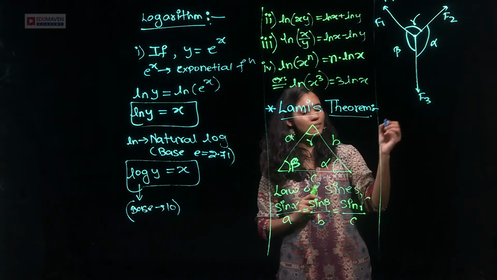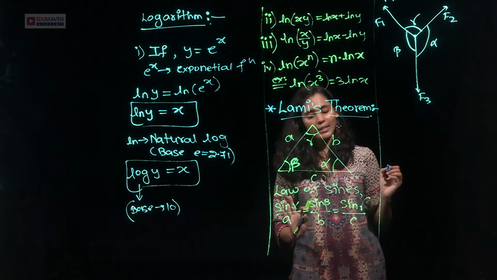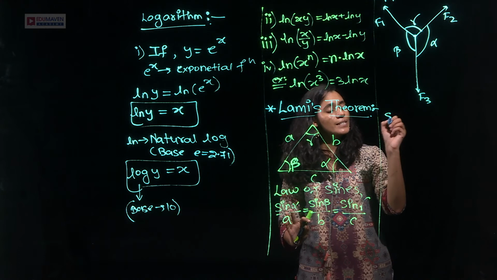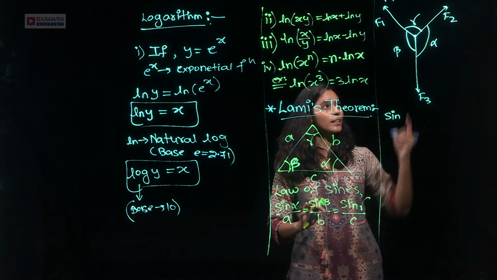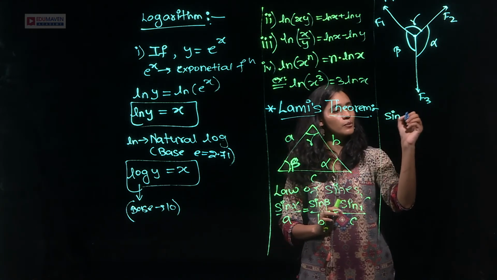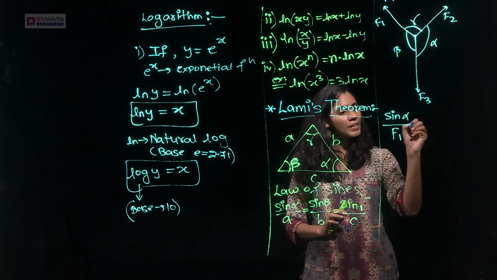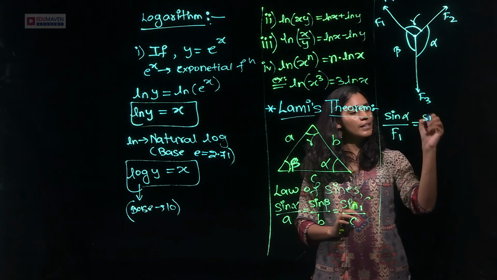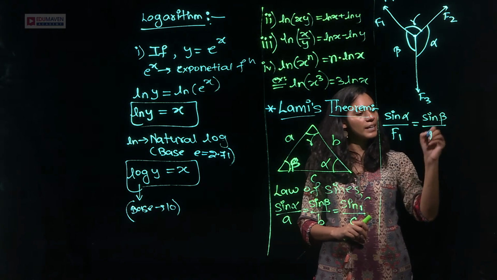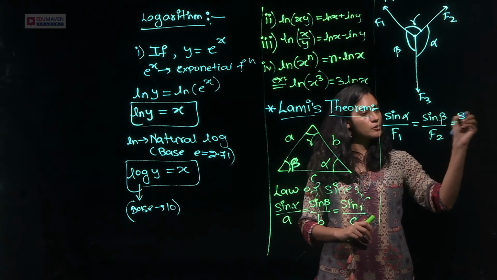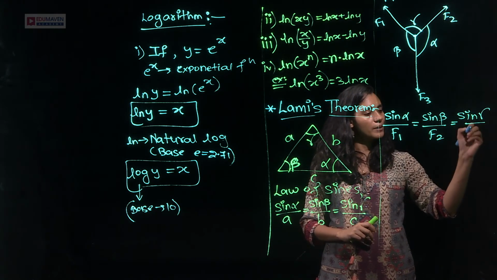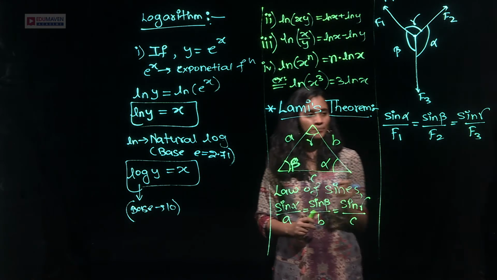Then we can write following this method: sine alpha upon F1 is equal to sine beta by F2 is equal to sine gamma by F3, like this.